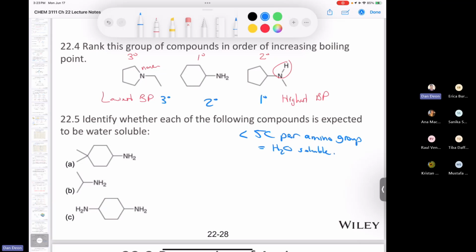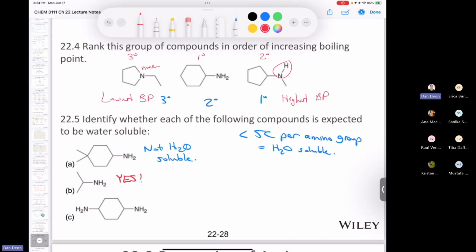So if we look at the first compound, you see that we have a total of 6, 7, 8 carbons per amino group. So this is not H2O soluble. If we look at the second compound, it's got 3 carbons per amino group. So we'll just say yes, it will be water soluble. What about the last one? Would the last one be water soluble? Anybody?